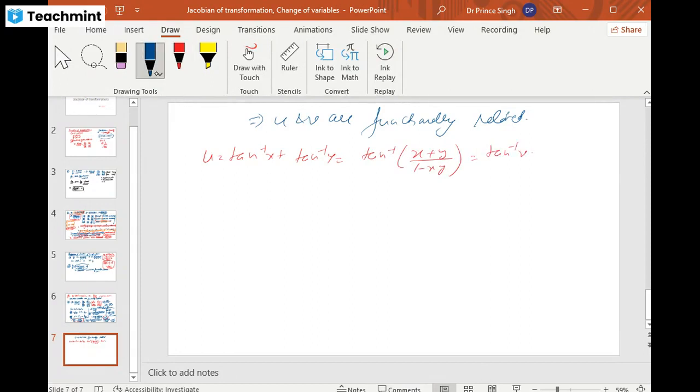Otherwise, we can prove it in this way. Let tan inverse x equal to a, and tan inverse y equal to b. Then what is tan of a plus b?